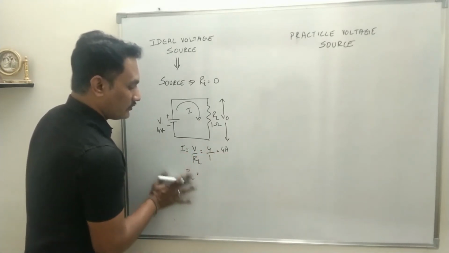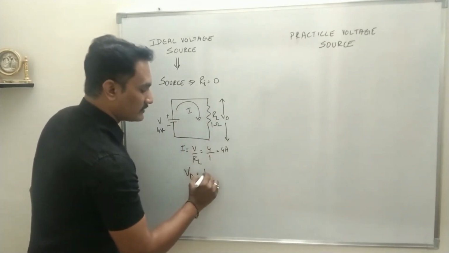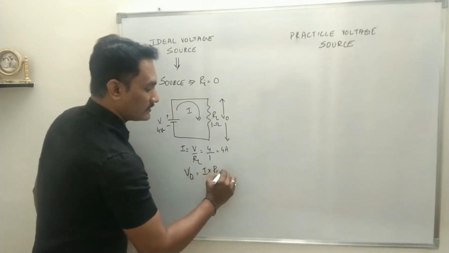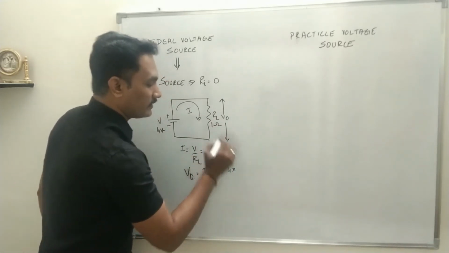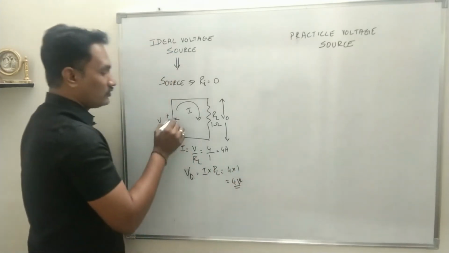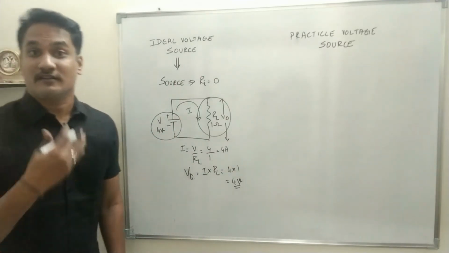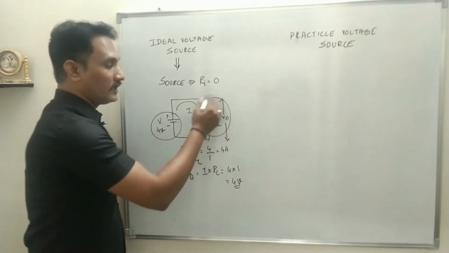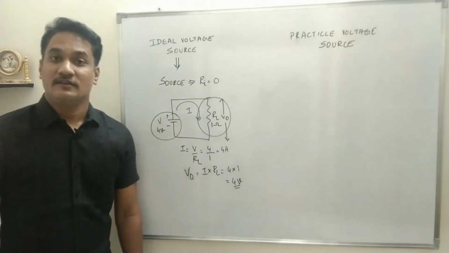And what will be the output voltage? The output voltage will be the current flowing in the circuit multiplied by load resistance. So current is 4 multiplied by resistance 1 ohm, that means it will be 4 volt. So you have produced 4 volt, you have transferred the entire 4 volt to the output voltage. That will be an ideal voltage source.